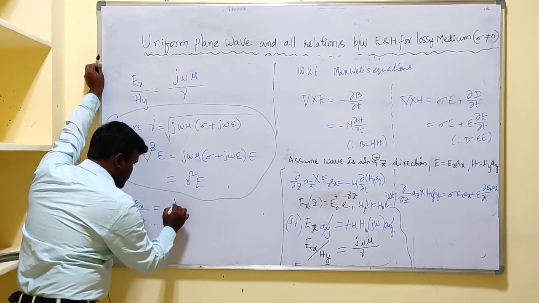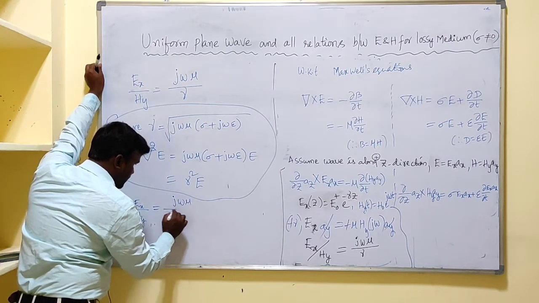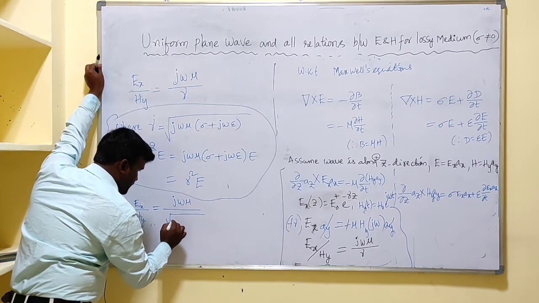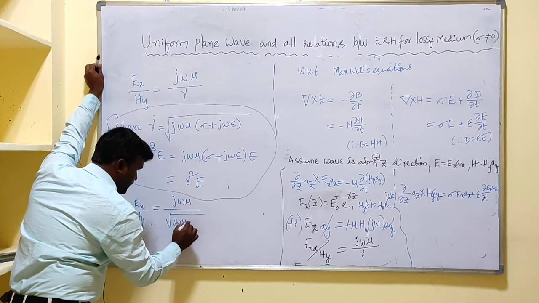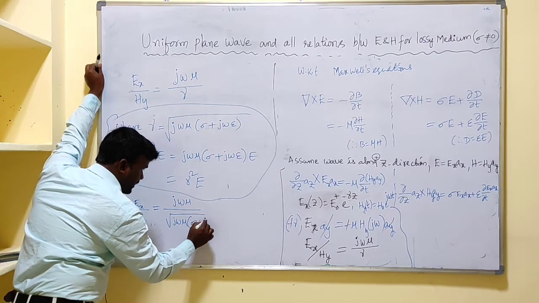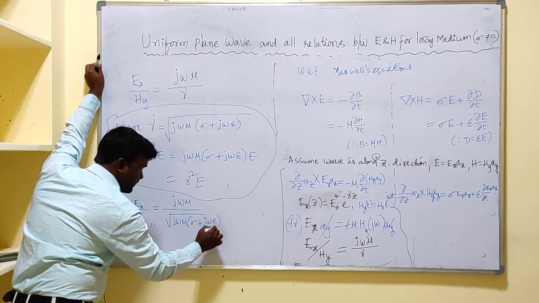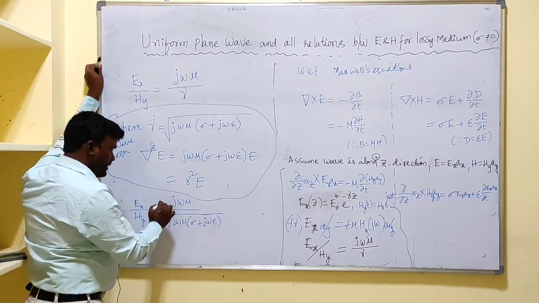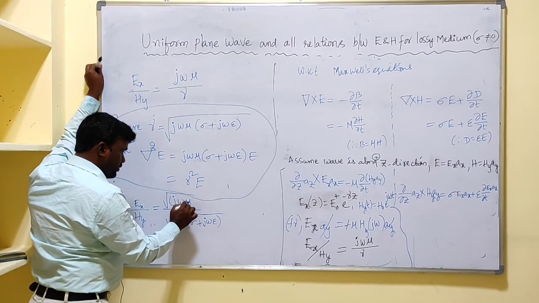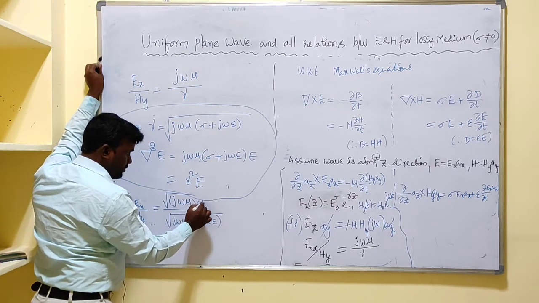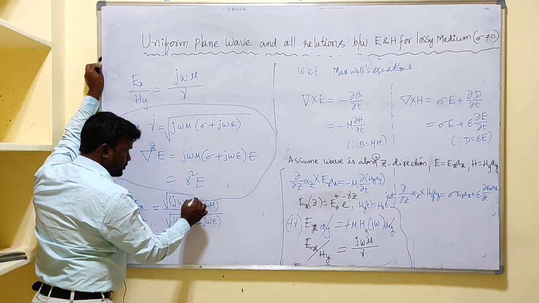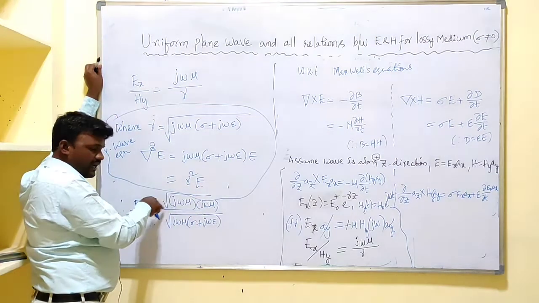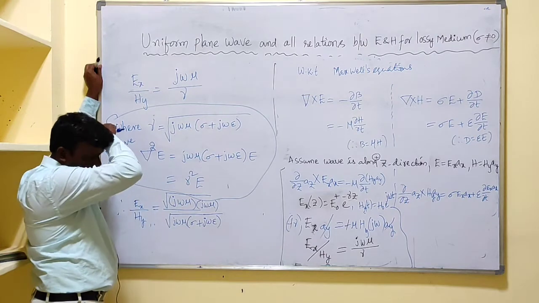is equal to j omega mu by gamma, that is j omega mu by under root j omega mu into sigma plus j omega epsilon. This j omega mu can be written as root of j omega mu into j omega mu, so j omega mu whole square, and this root and that square cancel out, we get j omega mu only.